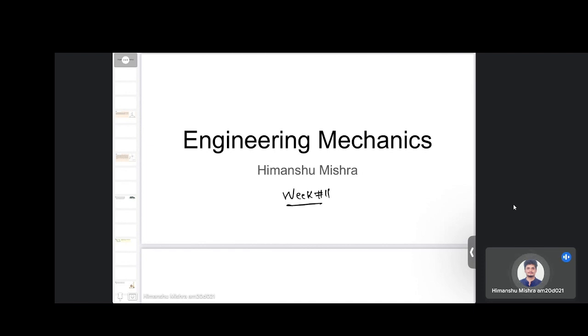So we try to relate these quantities with each other, and in the problems we will see how force influences the acceleration or velocity or vice versa, and similarly how moment influences the angular velocity or angular acceleration.